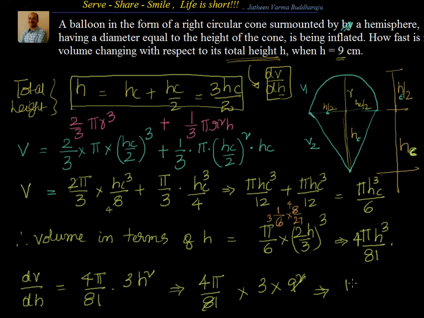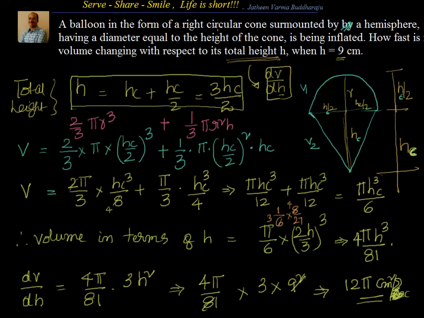That gives me 9 square and 81 cancels out. We have 12 pi. It is 12 pi cm square, because it is volume with respect to height, cm cube per cm. We are not doing with respect to time.